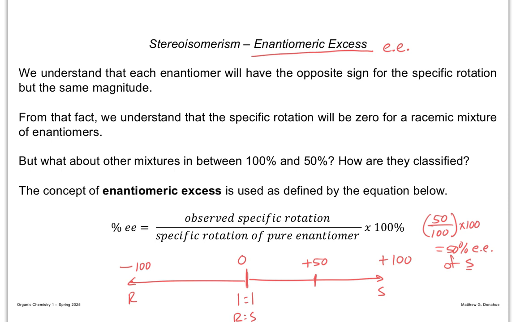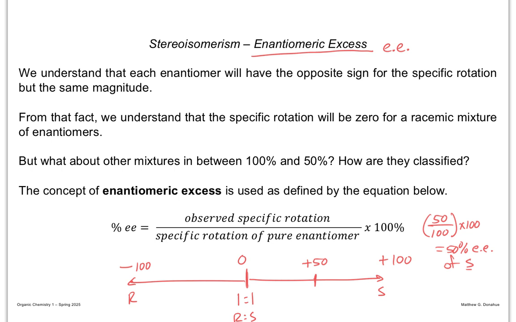But what does that really mean? So that's 50% excess of the S, but that's not the total amount of S in there. Does that make sense?